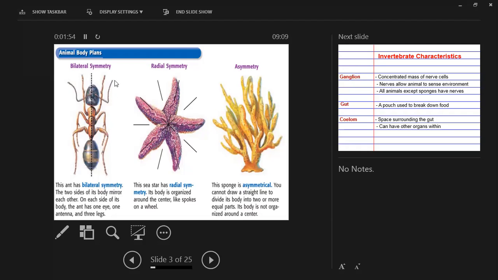Mister, I didn't understand. He will repeat again. Between our body, bilateral symmetry. Mister, which page?